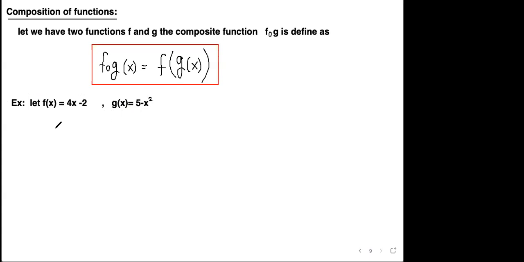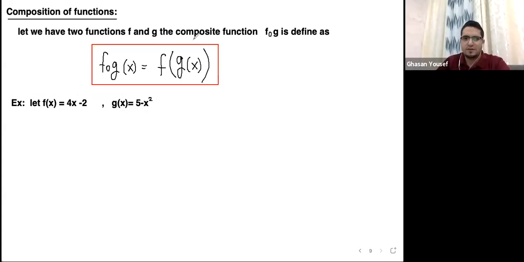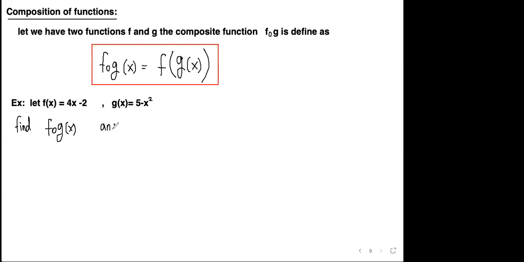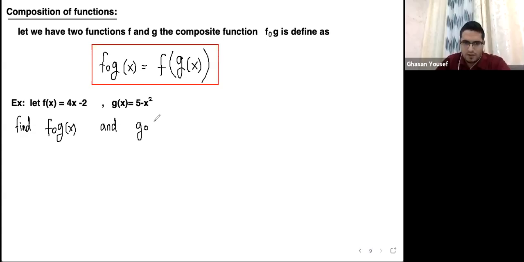What is that in between f and g in the first? This is circle, or composite. Okay, f circle g of x equal f of g of x. Again, f circle g of x equal f of g of x. So my question here: find f circle g of x, and at the same time g circle f of x.